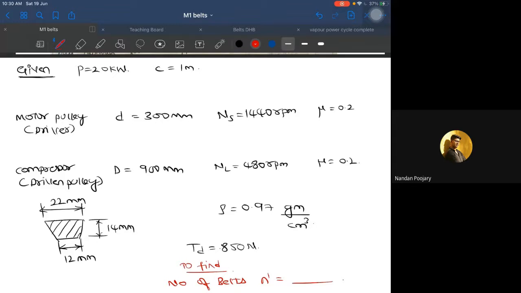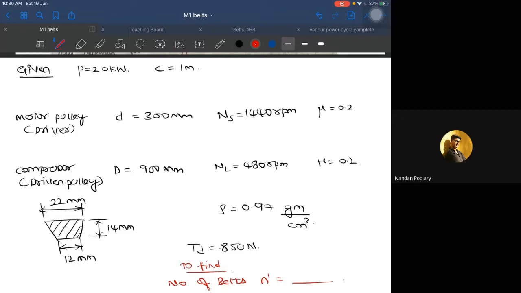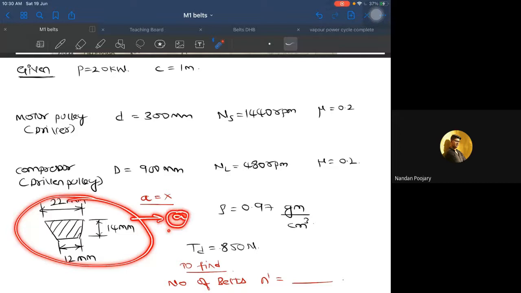I told you in the last class that there would be some problems where the value of A would not be specified directly. Rather he will give you the section details from which you are supposed to calculate the area.